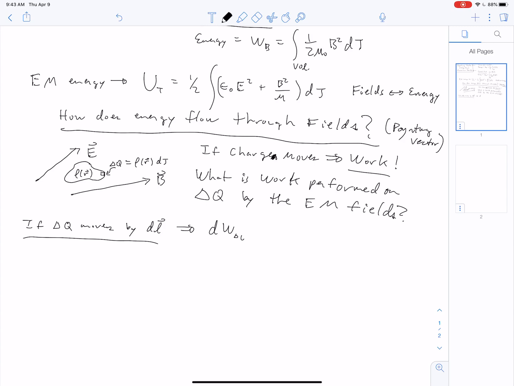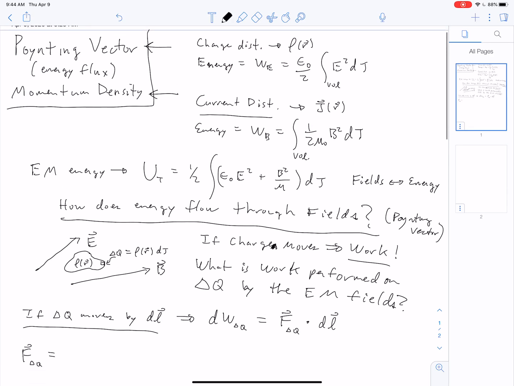It's a little bit of work because I only moved a little bit of distance, and it's going to be equal to the force on that charge dotted into the distance that the charge has traveled. That's a formula that you guys all know well. But what is the force? Well, the force is due to the electromagnetic fields.